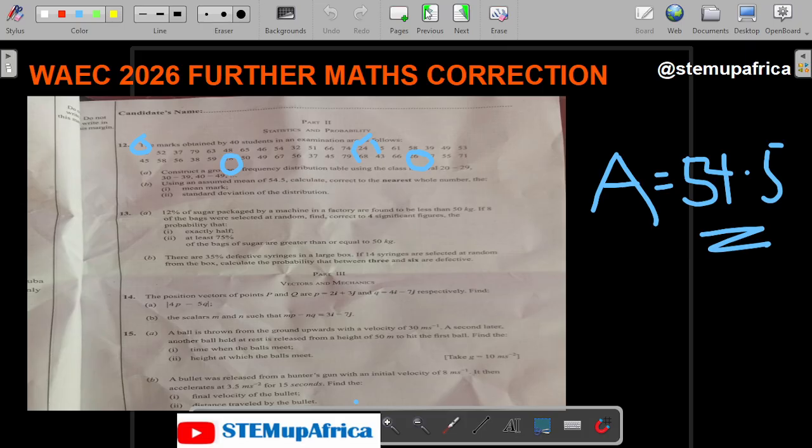So let's check question 14. This is vectors. Question 14, say the position vectors of P and Q, P equals 2i plus 3j and Q equals 4i minus 7j. Let me zoom in so that you can see the question clearly.